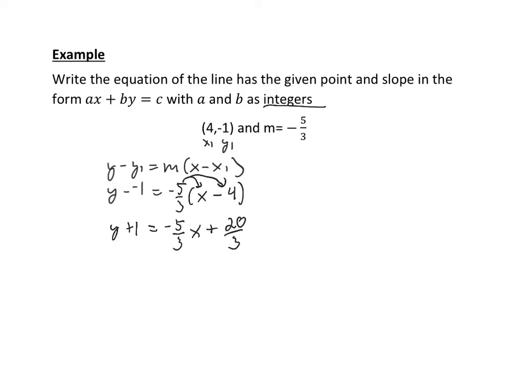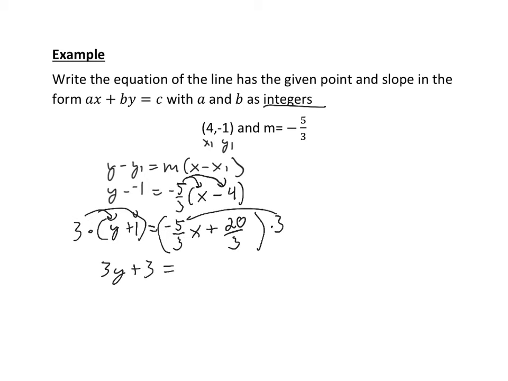The way you get rid of the fraction is by multiplying by whatever you're dividing by. So we're dividing by 3. I'm going to multiply everything by 3 on both sides. If I distribute that in here, that's 3y plus 3.